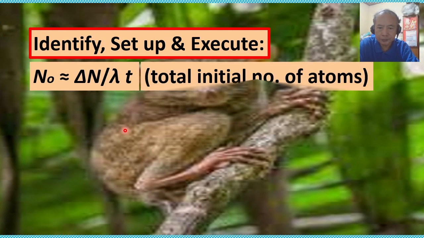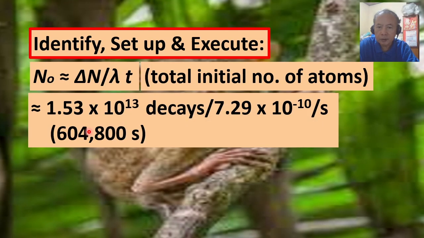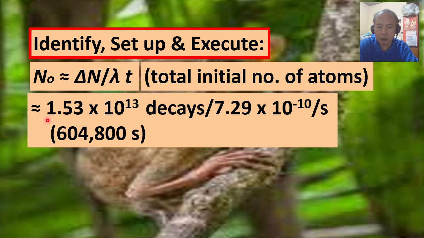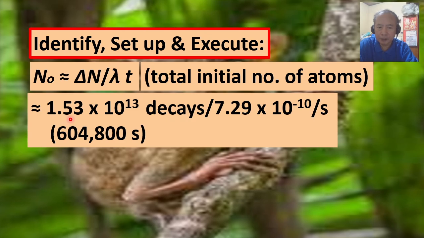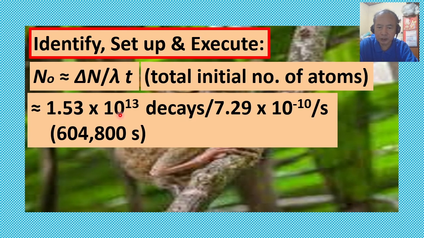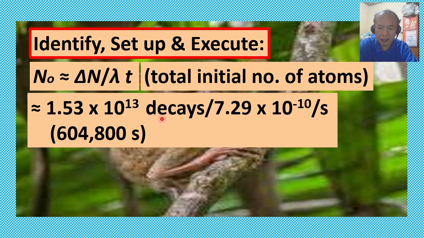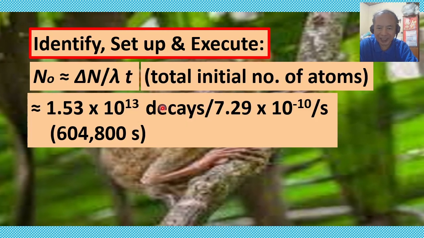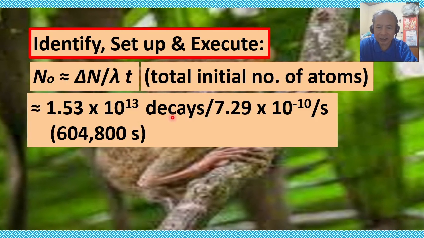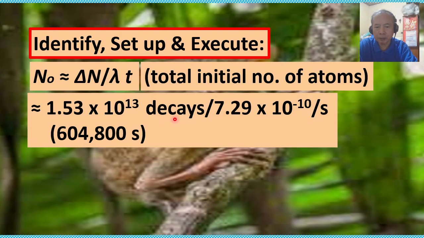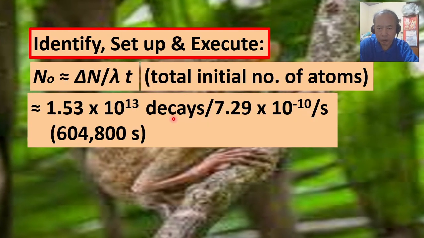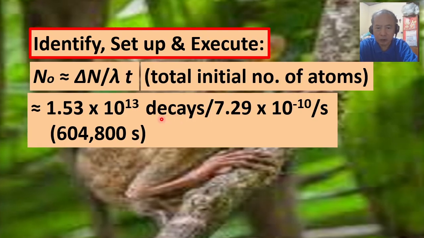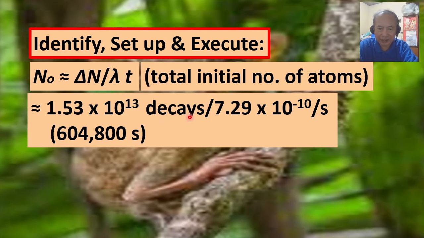Substituting, we have N naught approximately equal to 1.53 times 10 to the 13 power decays. This is delta capital N.